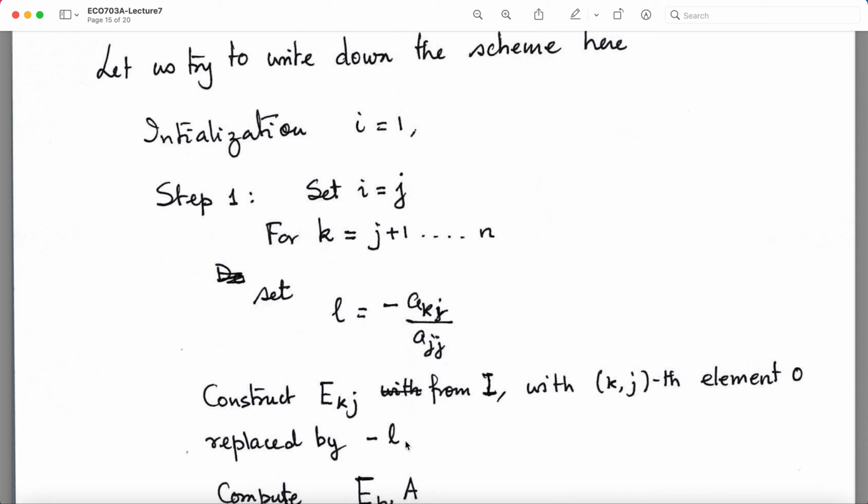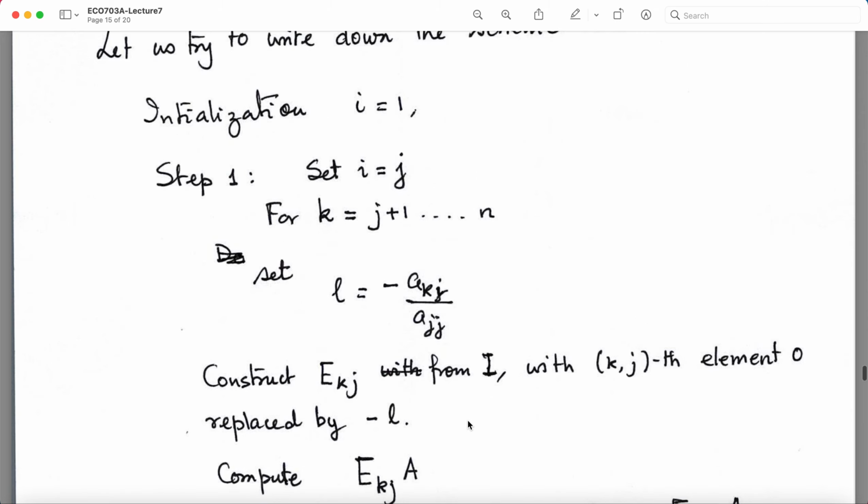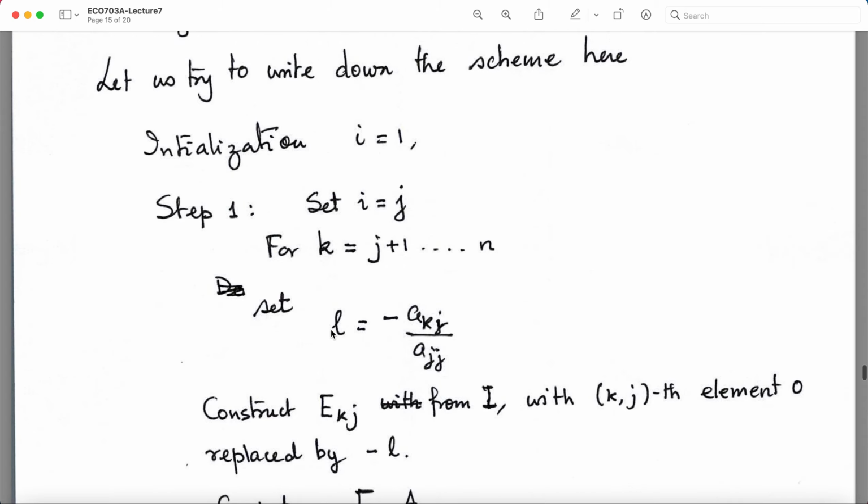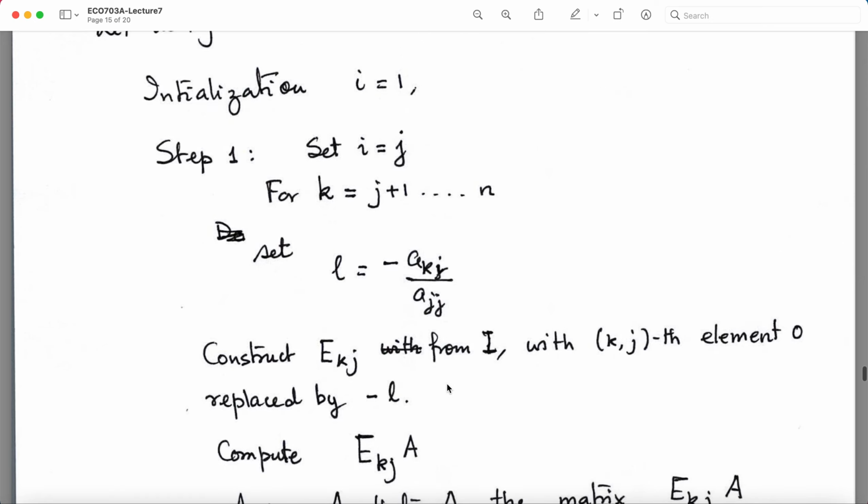So that is replaced by minus L. So L would be not minus, it will be plus, sorry. So it will be plus AKJ by AJJ. That is a mistake here. It should be plus AKJ by AJJ.